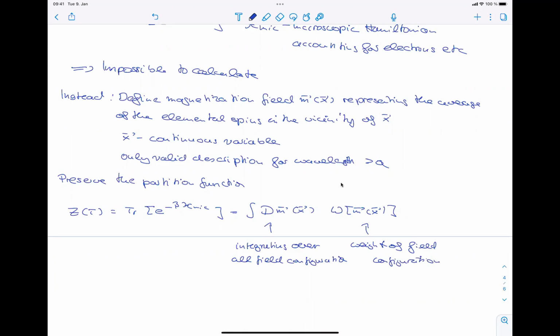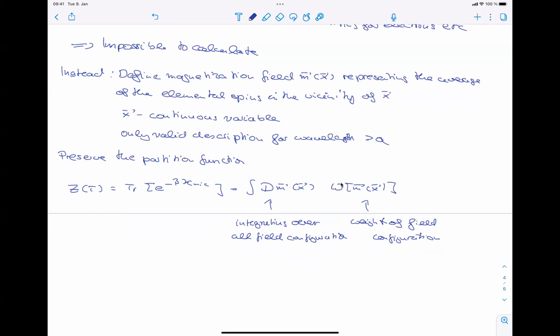So I basically wrote down the definition of the partition function now in terms of fields, or field configurations, field states, and their associated W, which is representing the Boltzmann weight.